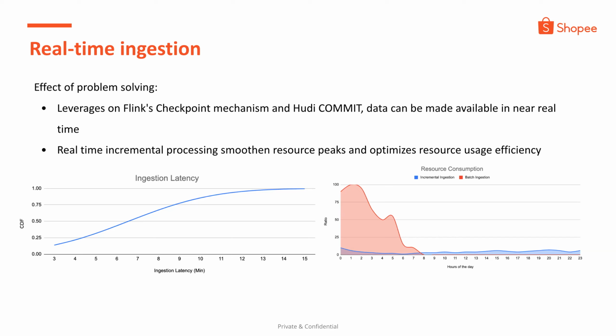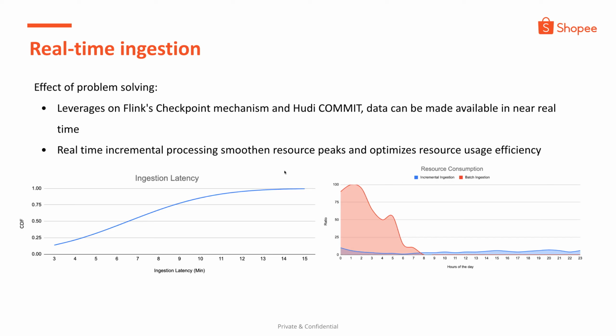The graph on the right shows the consumption of one resource as a percentage of our resources. The blue part is the resource consumption of the Hudi pipeline. By contrast, the red part is the resource consumption for batch data integration.